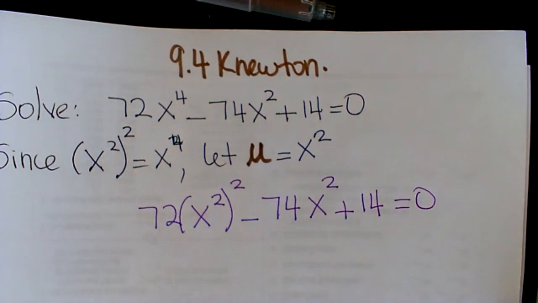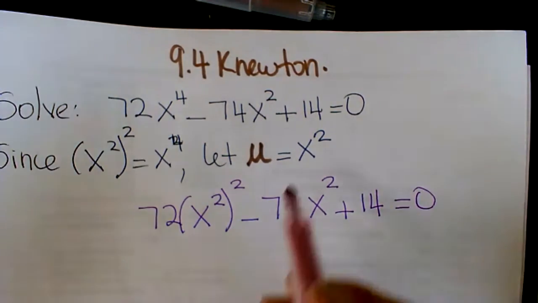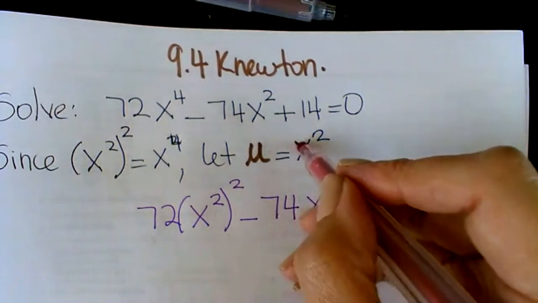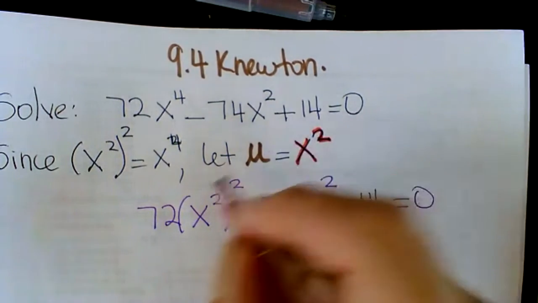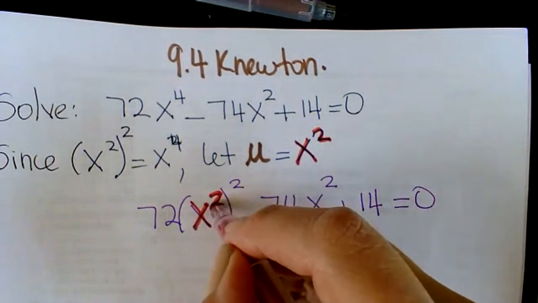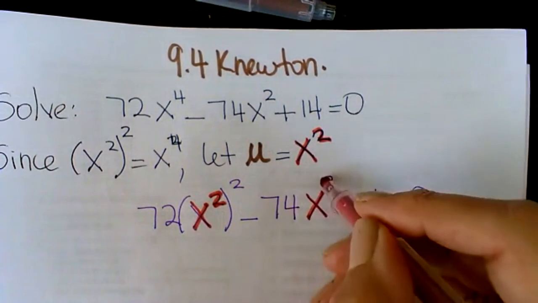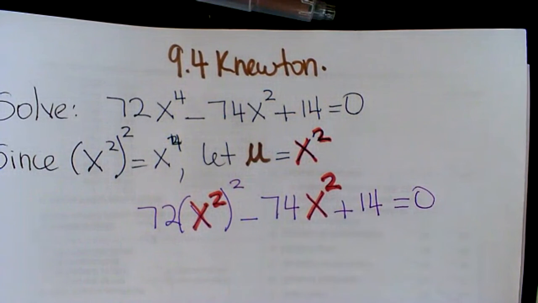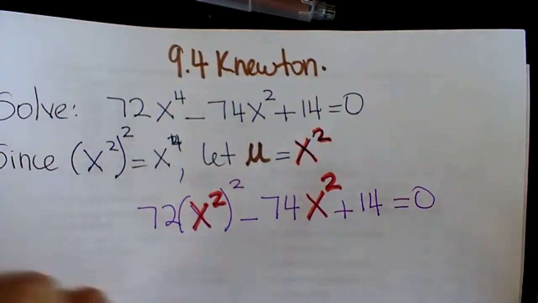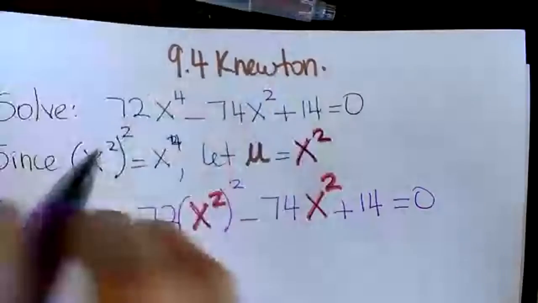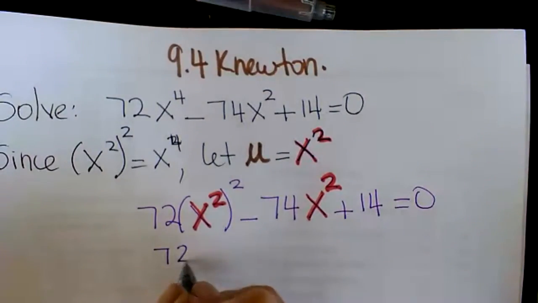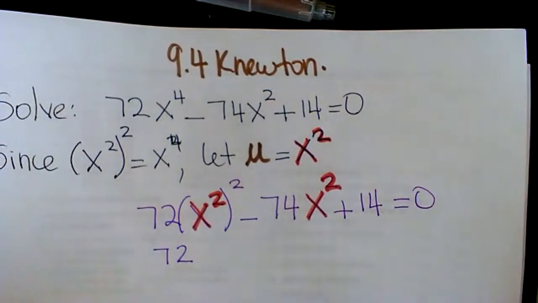So what do you guys see? I see the x squared. So I'm going to substitute it for my u, right?